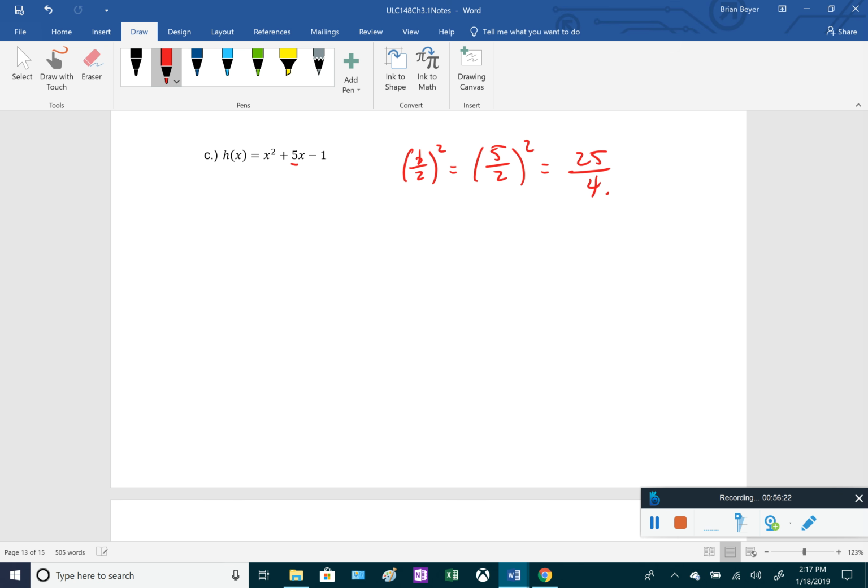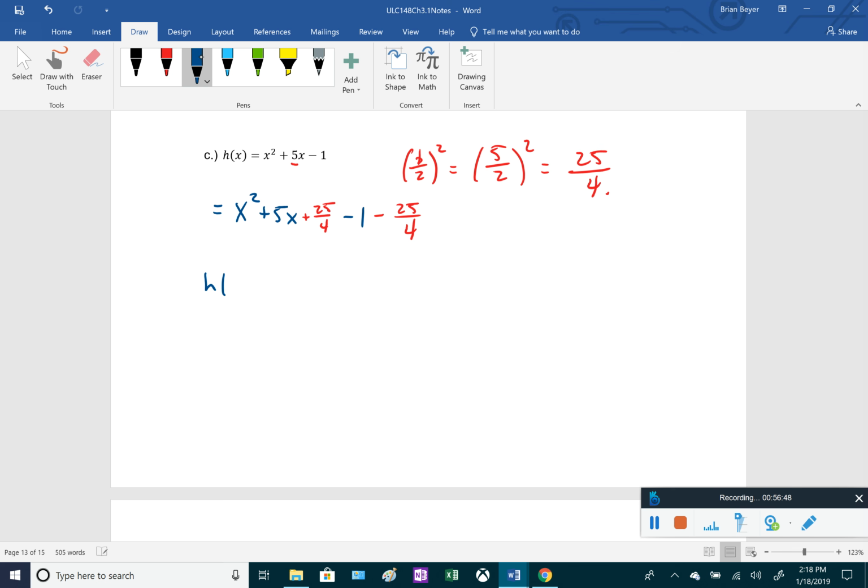So remember, when you square a fraction, or raise it to any power, you do it to the numerator and denominator. So we are going to add and subtract 25 over 4 to this function. So plus 25 over 4 minus 25 over 4.